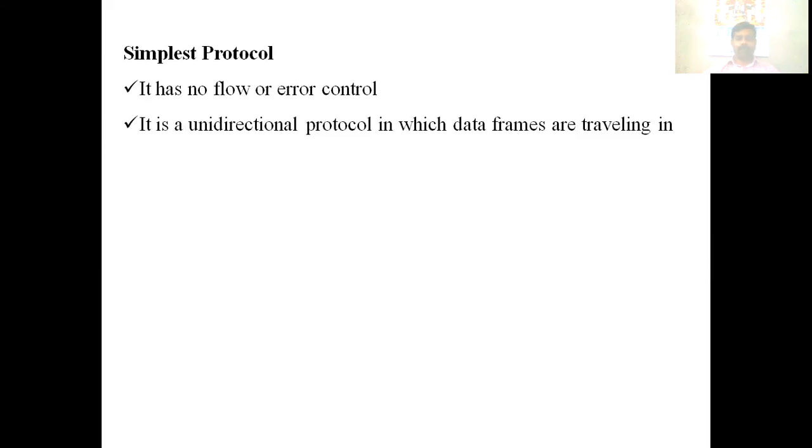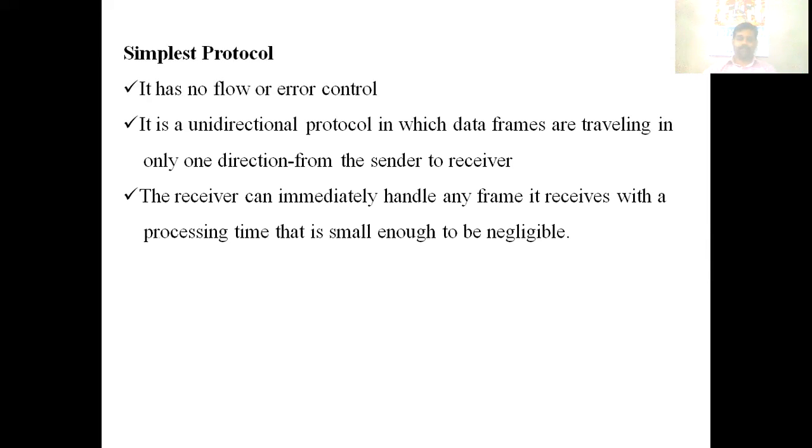First, the simplest protocol. It has no flow and error control. It is a unidirectional protocol in which data frames travel in one direction, from sender to receiver. The receiver can immediately handle any frame it receives, with a processing time small enough to be negligible.